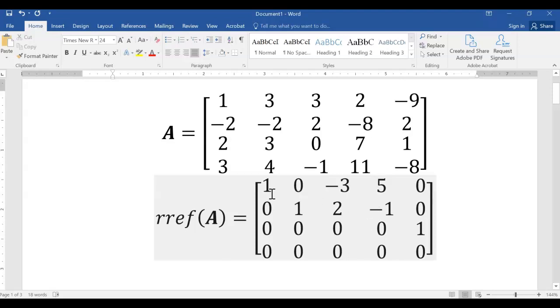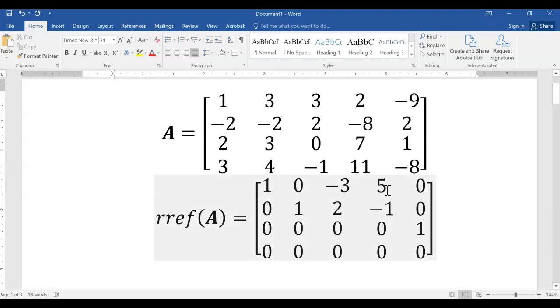Now, if we rewrite the general solution, it'll be x1 minus 3x3 plus 5x4 is equal to 0. Remember, we're talking about a homogeneous matrix equation. So if we wrote the augmented matrix, we'd have a column of zeros here. We can move the minus 3x3 to the other side by adding 3x3.